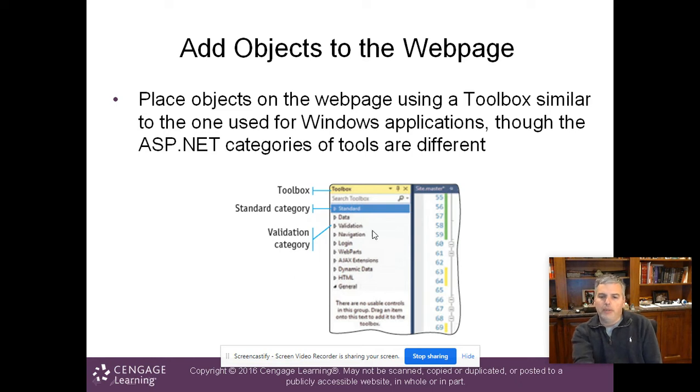So what we'll be dealing with mostly in this chapter is our standard toolbox categories. That's going to be our text boxes and our drop-down boxes and our calendar controls and our validation controls that we'll use for validating our data, because we don't want to get into JavaScript for doing that at this point.